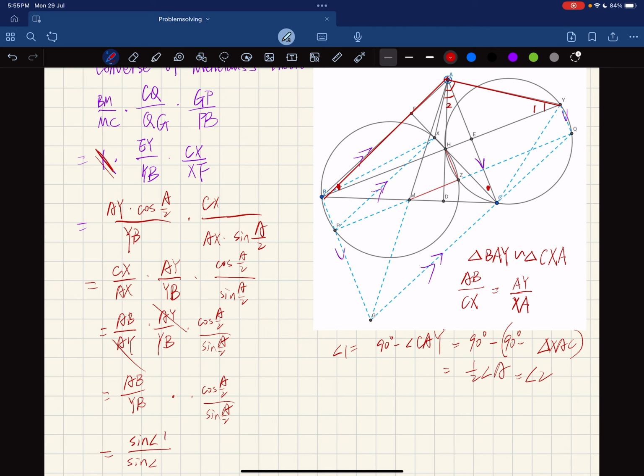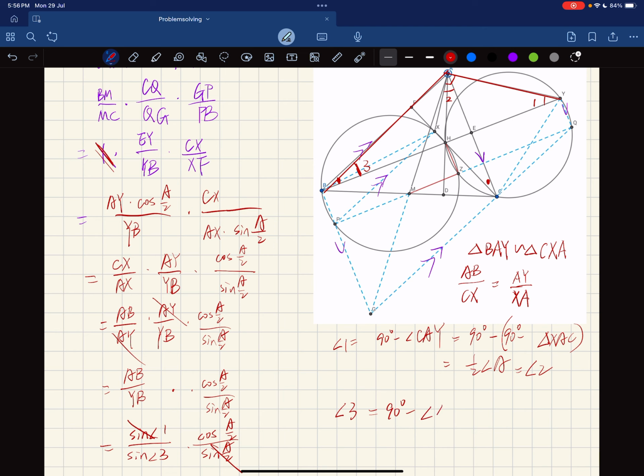And also we note that angle 3, did I write it wrong? Oh no, angle 3 equals 90 degrees minus angle A. Right. Did I write it wrong?